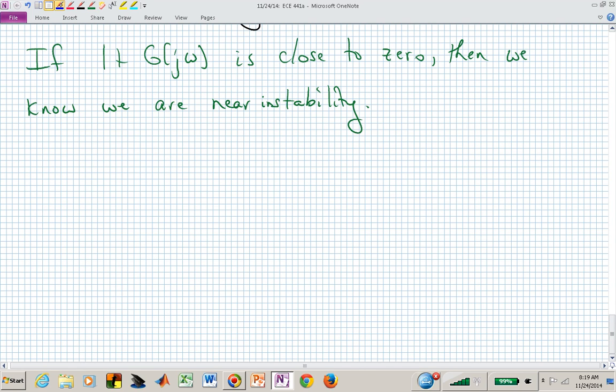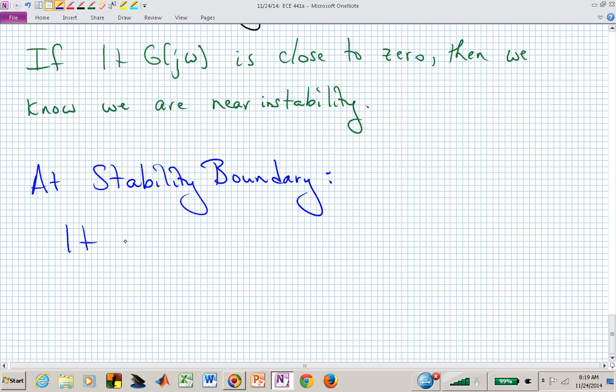Because at the stability boundary, that's occurring when this would be equal to 0.